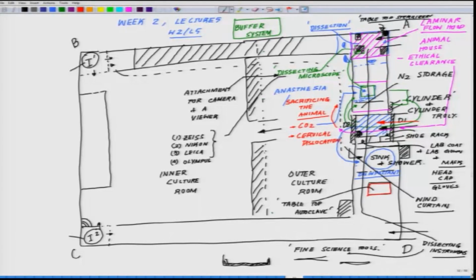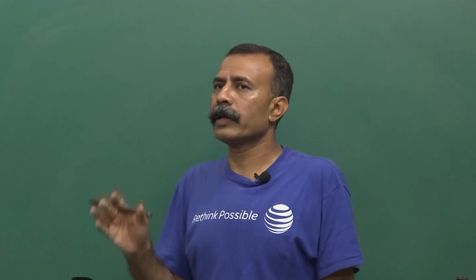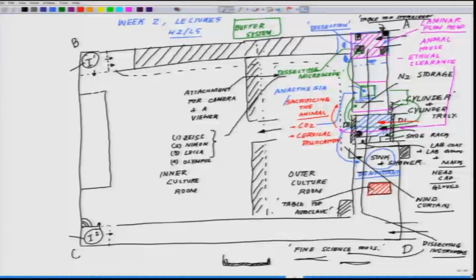My preference would be to have an autoclave as a small tabletop unit. You can have a big autoclave outside, maybe on the side of the corridor or somewhere, but a small one out here may not be a bad idea. And you have the water supply, we talked about it.